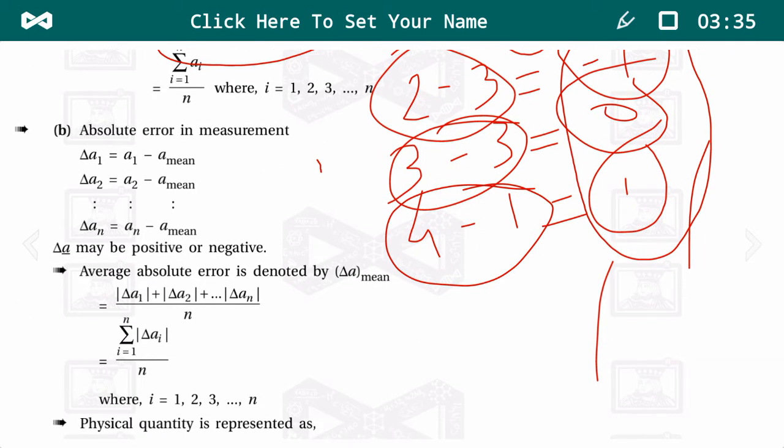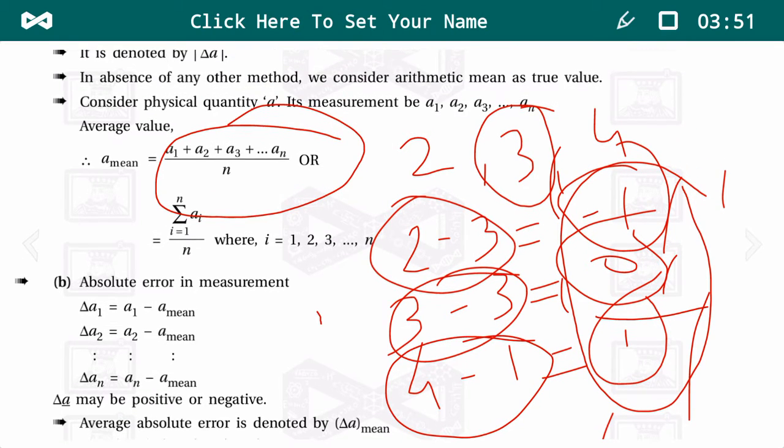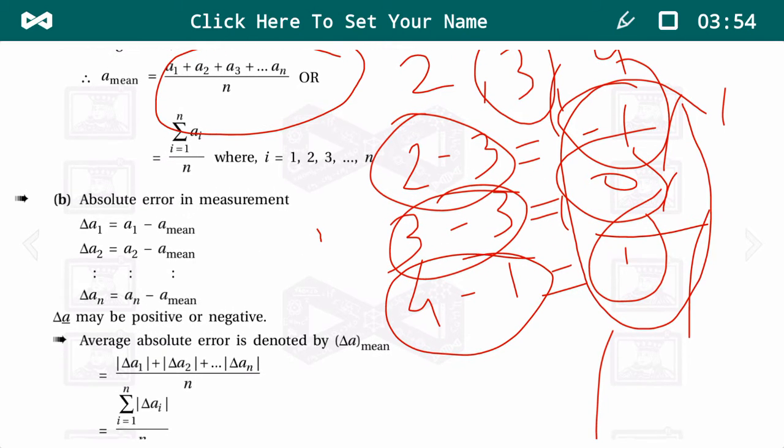Before this, we have to find the average absolute error. Take all these in mod, so minus 1 becomes plus 1. Delta A1, delta A2 up to delta AN will be in the mod form, and then divide by n.